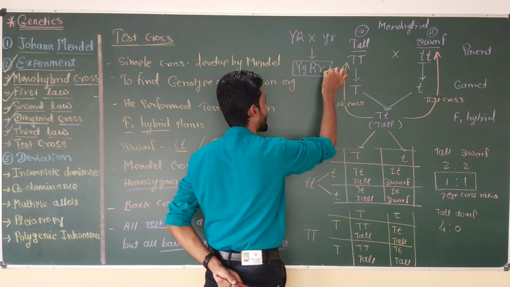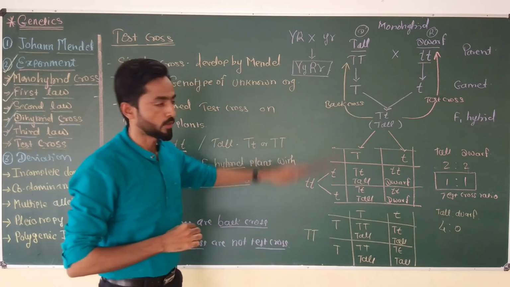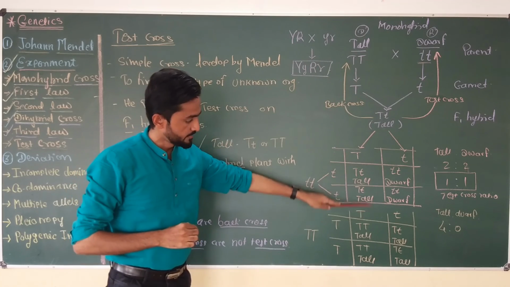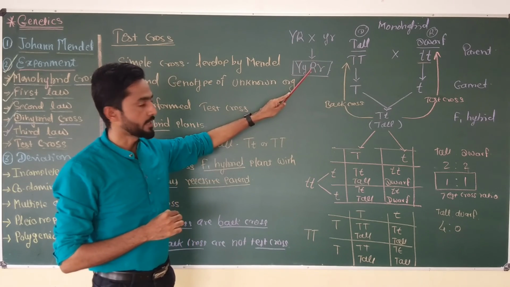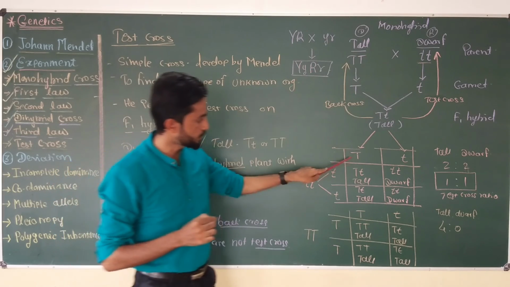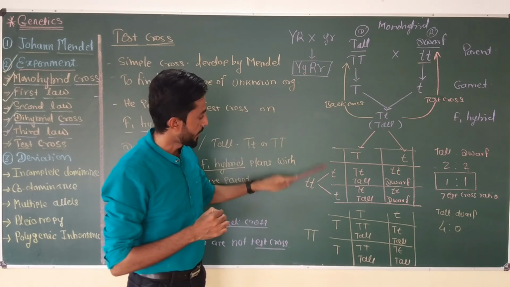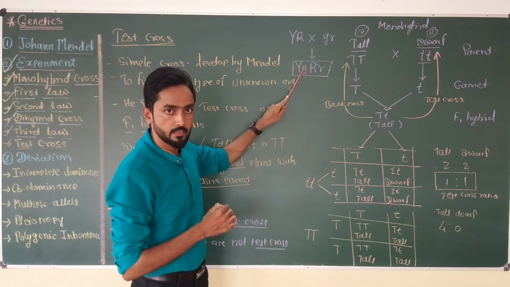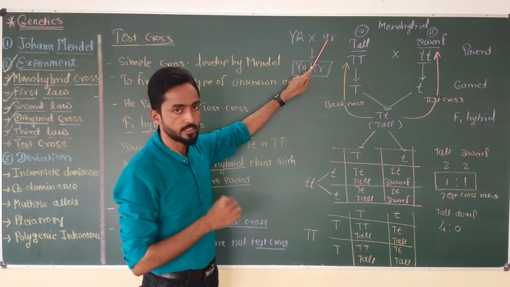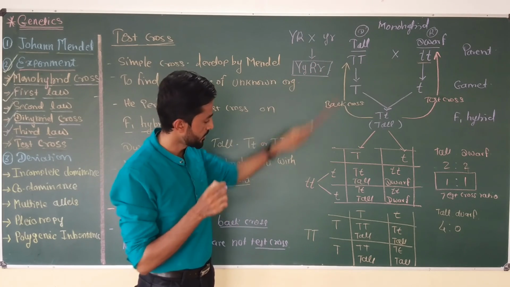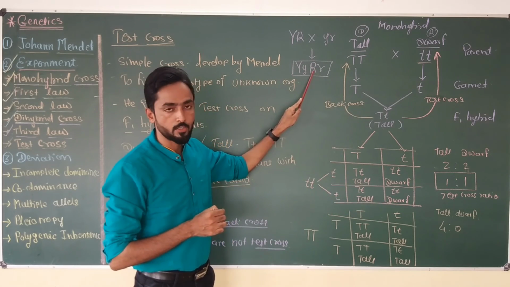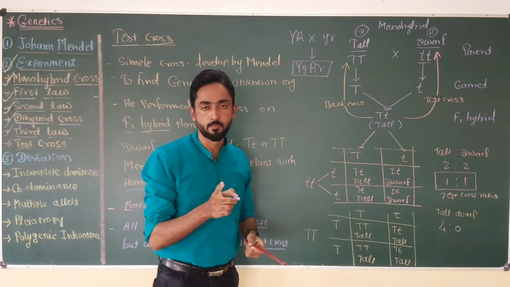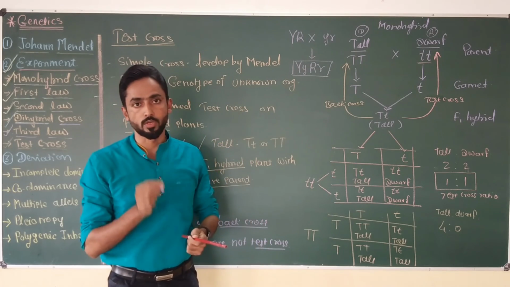Okay, this is the F1 hybrid in dihybrid cross. If we use a similar method and Punnett square, you can easily determine the different types of gametes produced by this F1 hybrid, and when we cross this plant with the recessive parent, that is small y, small r, we can easily make the ratio of dihybrid cross, and it is 1:1:1:1.